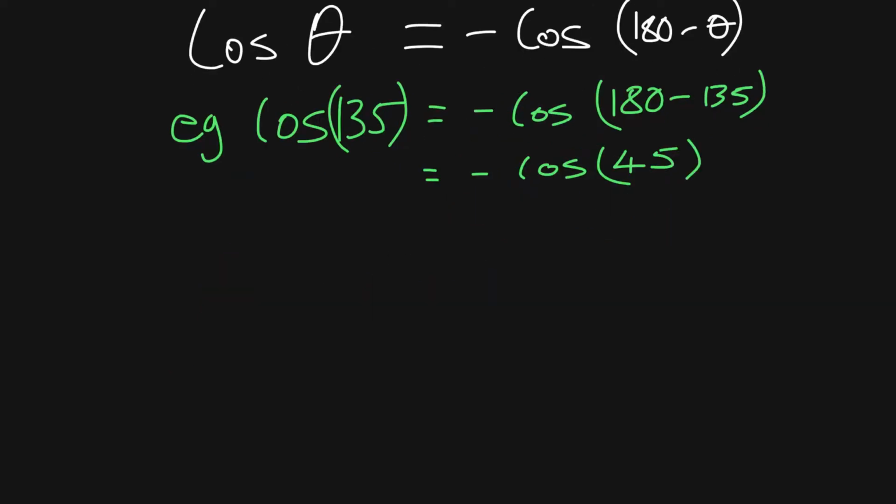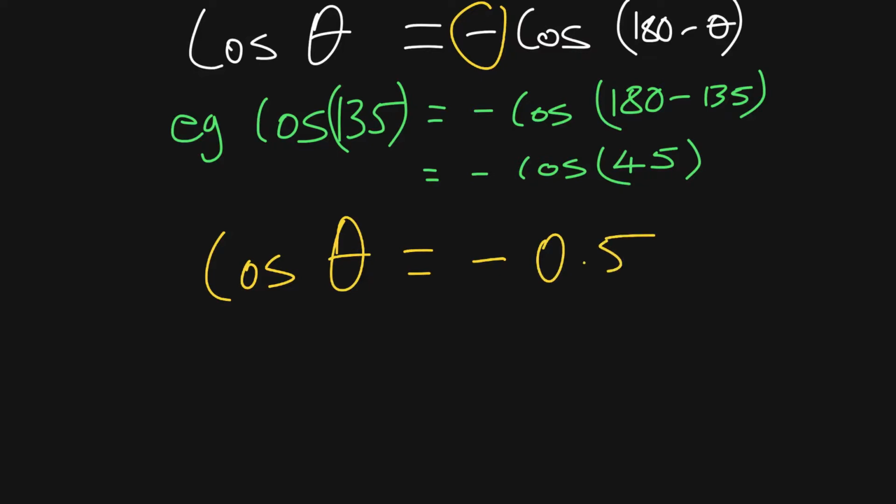You will get a bit of practice though. Same deal for cos, except cos is a little bit different. If you see a negative, you know it's going to be in either the second or the third quadrant. Say for example cos theta equals minus 0.5, and we need to find theta if obtuse.